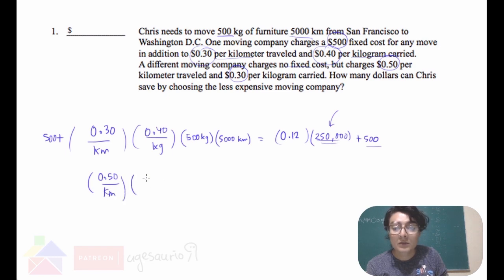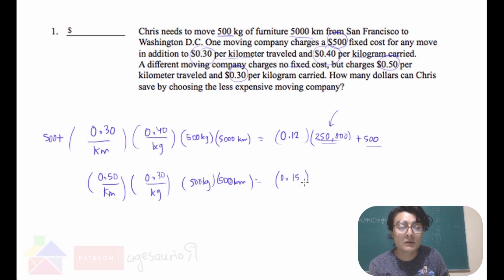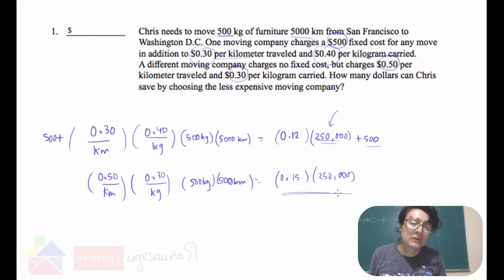The second company is 50 cents per kilometer, 30 cents per kilogram. It's the same numbers right here. So the second company is 15 cents. That's it, right? So I'm pretty sure this one is gonna end up being the most expensive one.